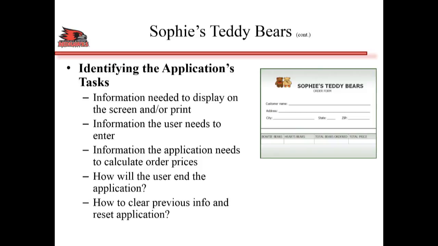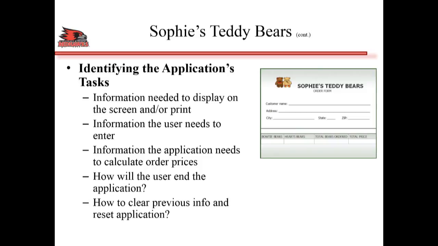So the process of designing the application, the first thing we need to do is look at how they're doing it currently. This is basically a virtual application which represents a paper form. So we need to look at that form which they use and convert it into a Visual Basic application.